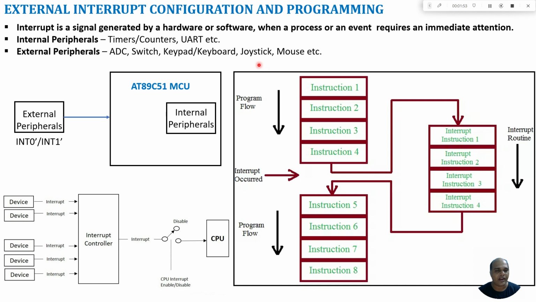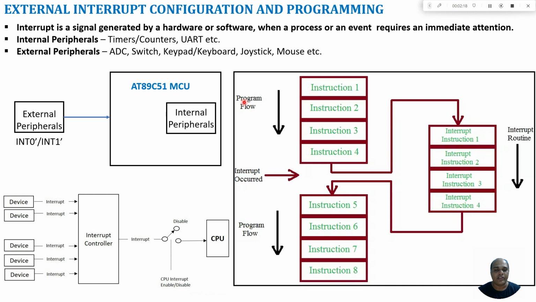So whenever a peripheral wants to use the CPU, it will make a request. Upon receiving a request, the CPU will try to execute a program related to that peripheral device. Here I show a typical AT89C51 microcontroller which has internal peripherals, and external peripherals can also be connected.